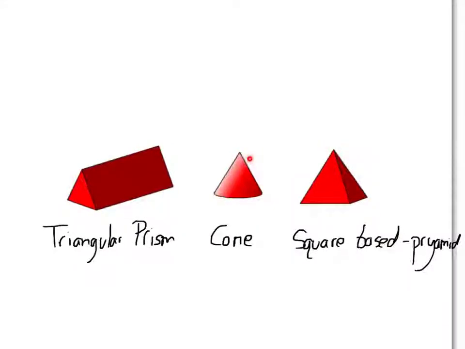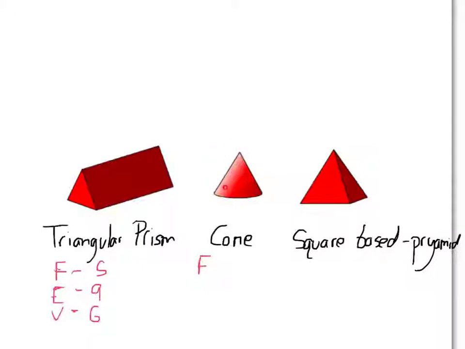So, if we count up the number of faces, edges and vertices on the triangular prism, what we have is one on the rear and 1 underneath, and 2 more, so that's 5 faces. We have 9 edges and we have 6 vertices. If we look at a cone, it's got 2 faces.